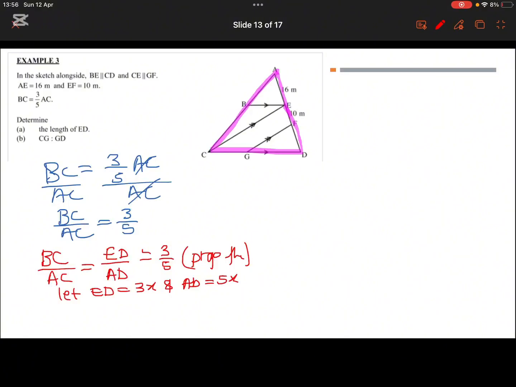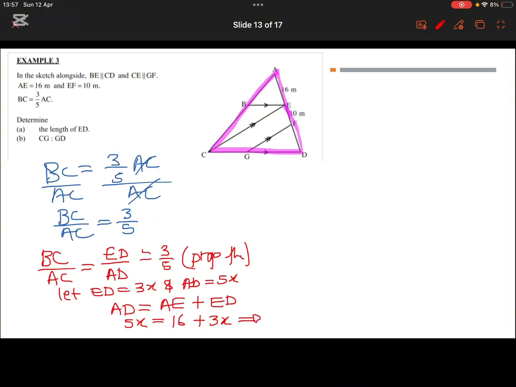That means AD is equal to AE plus ED. And what is your AD? Your AD is equal to 5x. AE is 16 meters, plus ED, which is 3x.